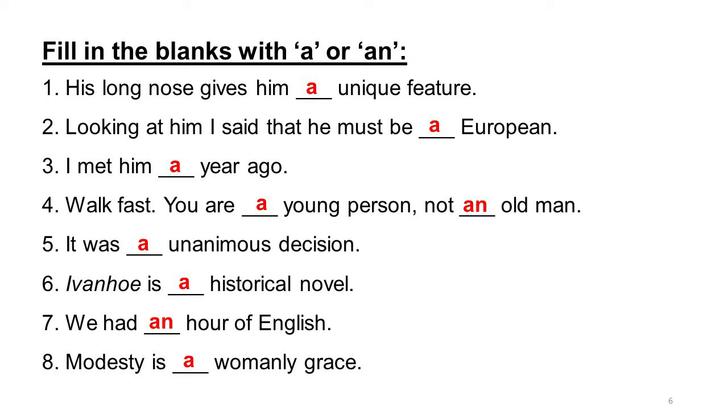A womanly grace because it begins with w. Womanly is pronounced with w, and w is a consonant sound. So a womanly grace. I hope that you follow this rule. Yes, the rule is related to the sound, consonant sound or vowel sound, not consonant letter and vowel letter.